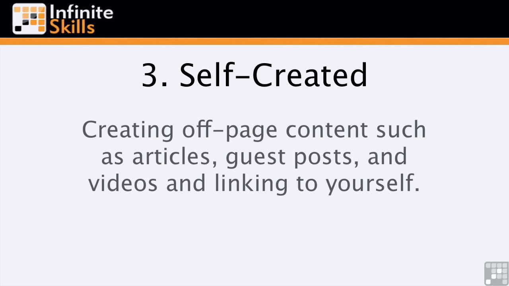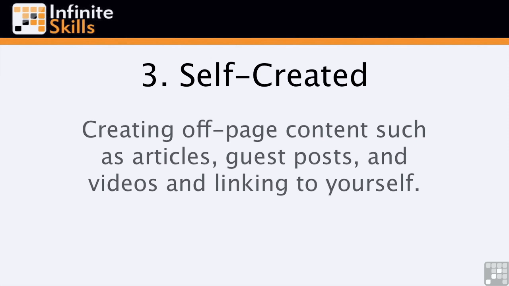Now, we're going to cover some self-created links that you can go out and acquire, such as YouTube and SlideShare and EzineArticles, things like that in some other videos. But it's good to think about while you're new, creating these self-created links. You can do this, and it does help you for SEO.